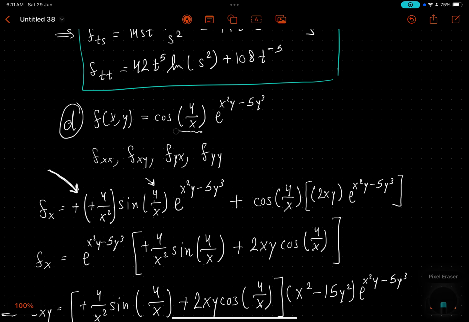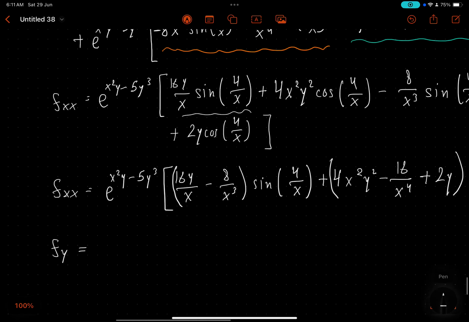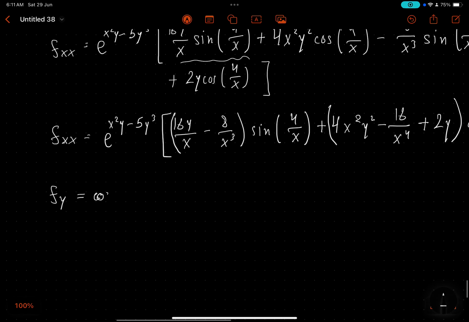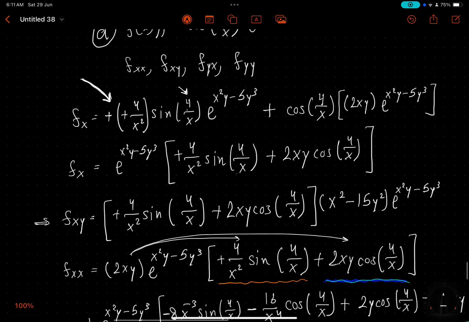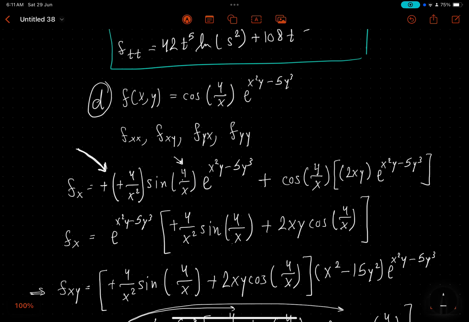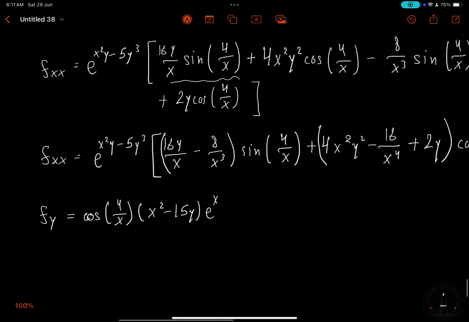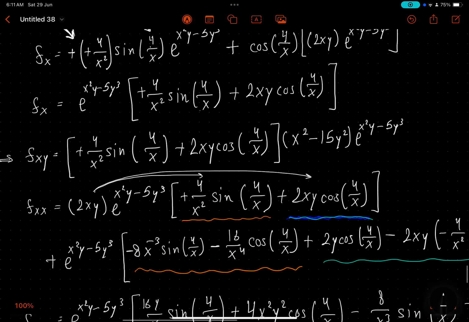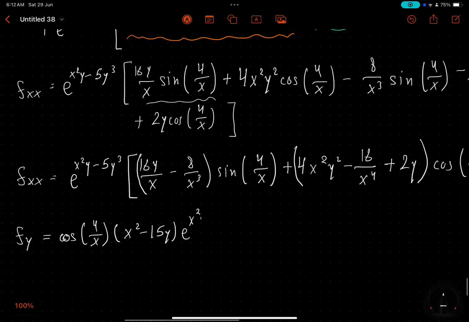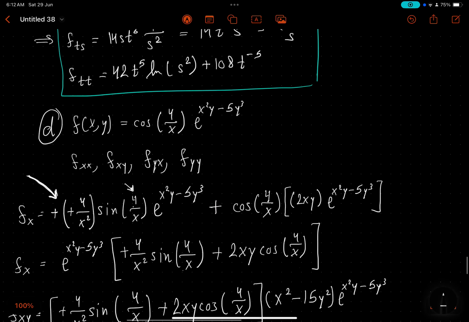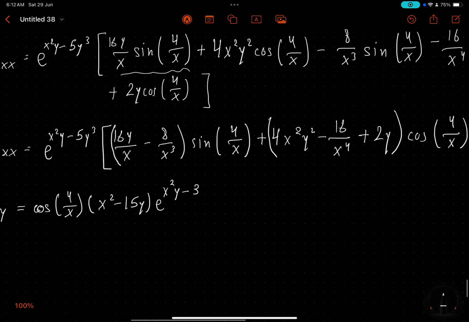So cosine of 4 over x is a constant multiplied by x squared minus 15y, e to the x squared y, minus 5y to the 3.